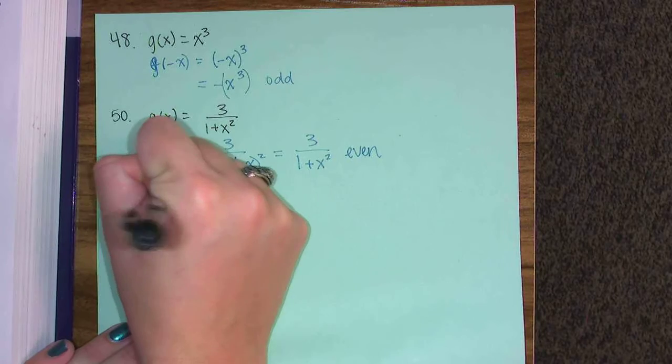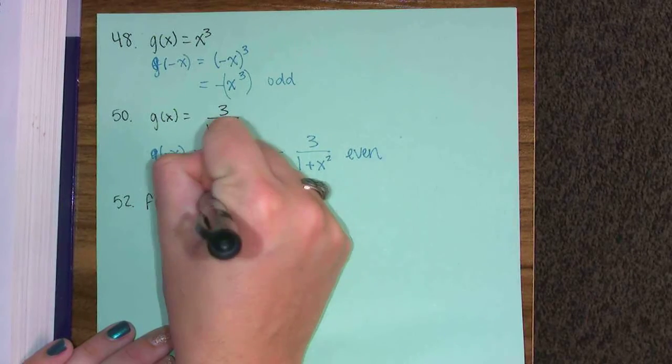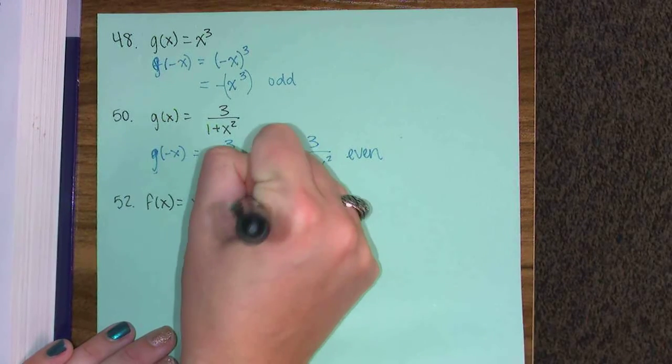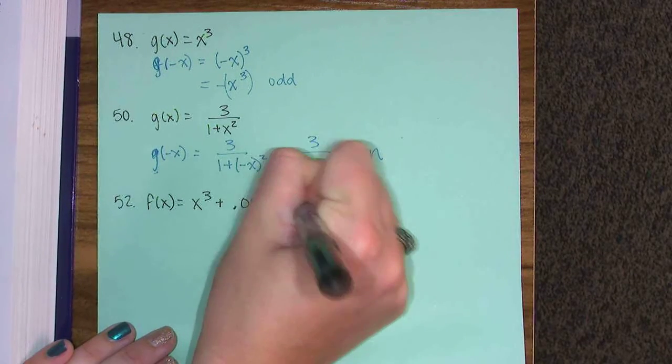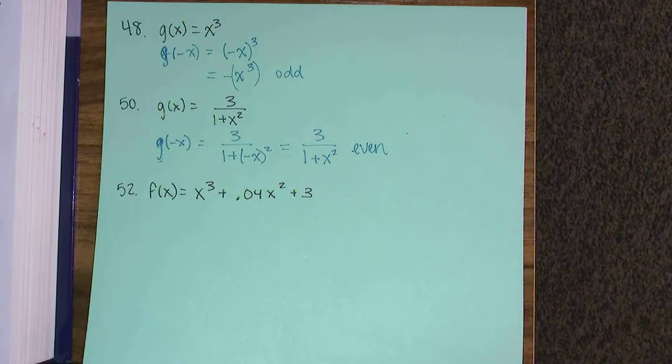52, f of x is equal to x cubed plus 0.04 x squared plus 3. Well, it can't be both.